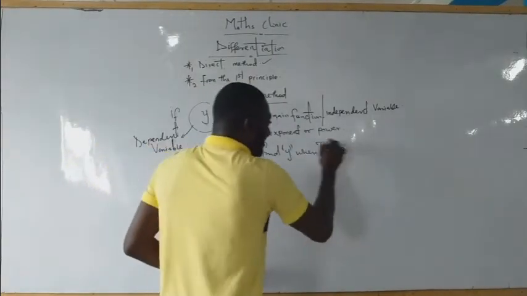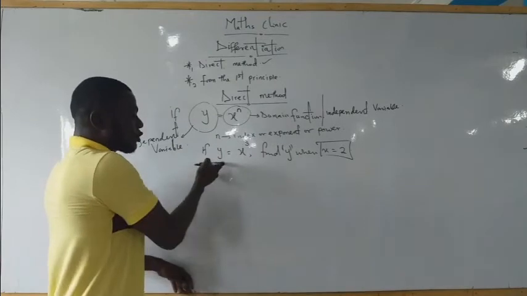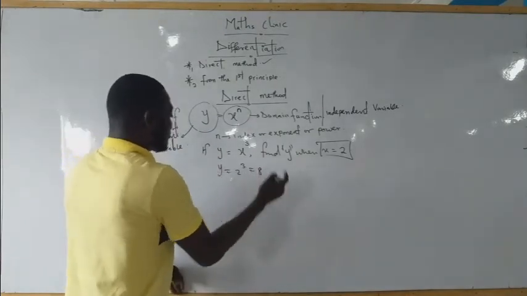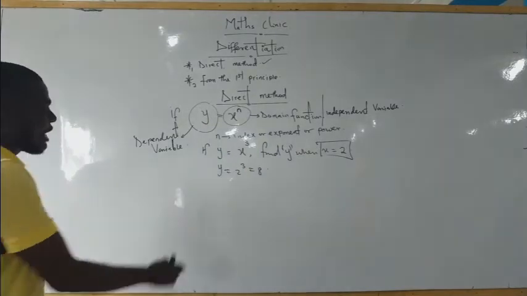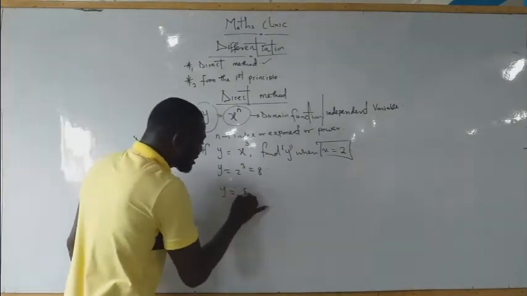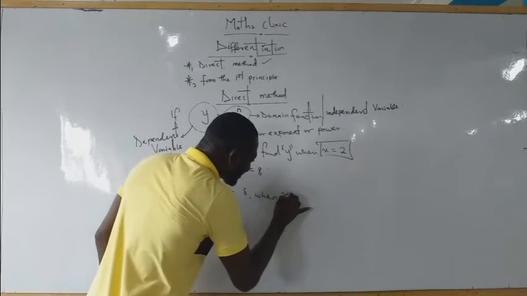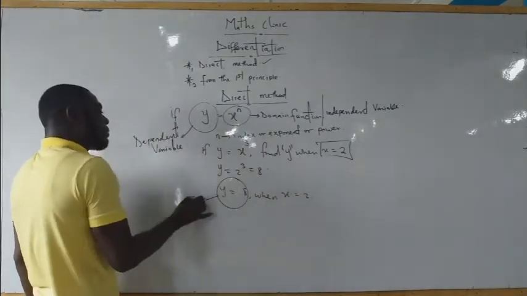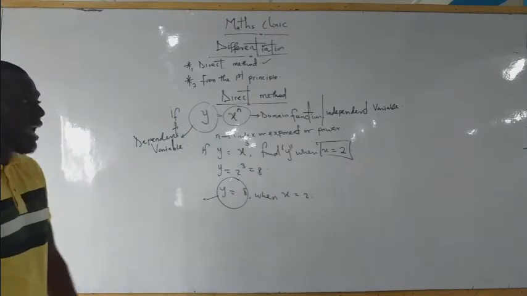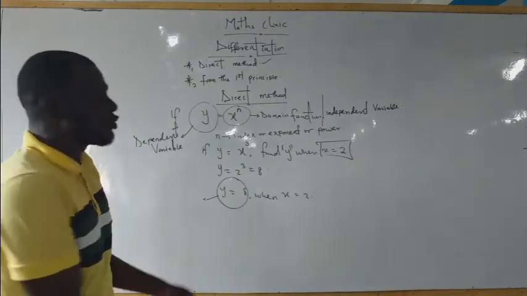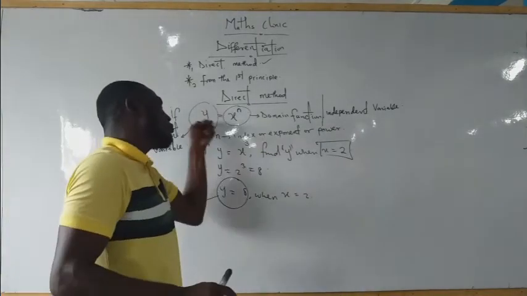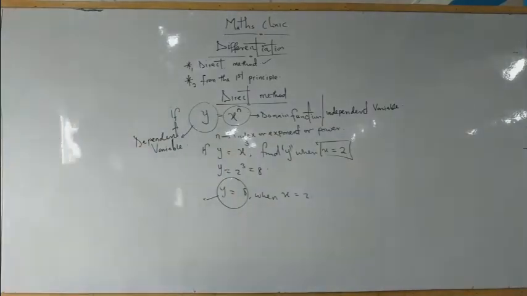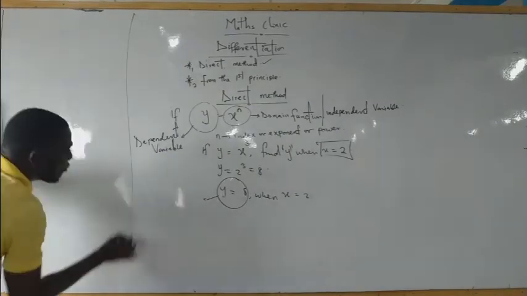Because x equals 2, we solve for y: y equals 2 raised to power 3, that gives 8. So y equals 8 when x equals 2. This is what we call the dependent variable, while x is the independent variable, also known as the domain function of y.